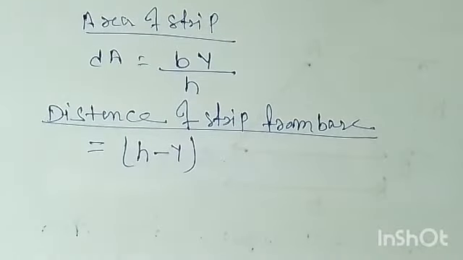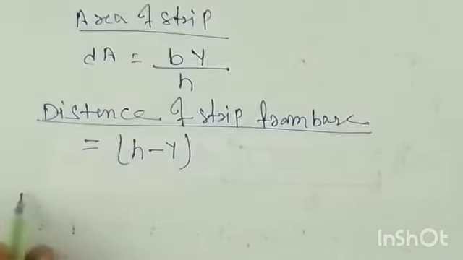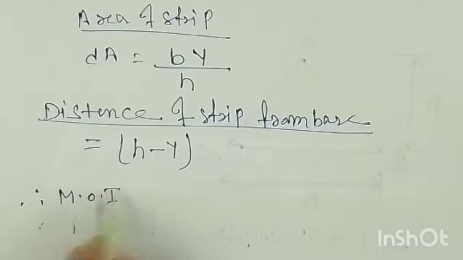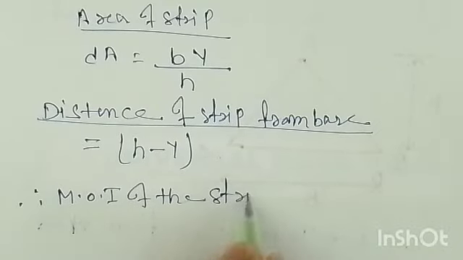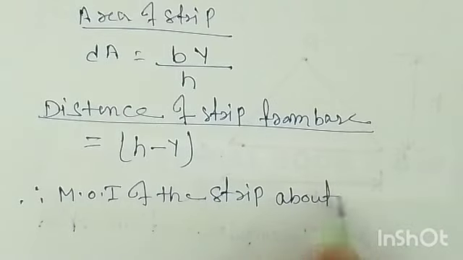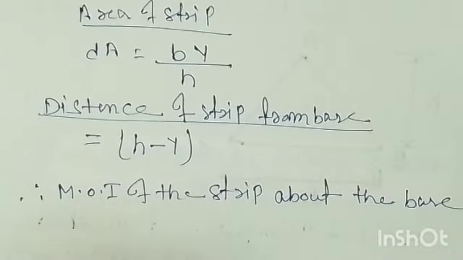Area of the strip into the distance of the strip from the base squared, right? So you can say next, therefore, the moment of inertia, that is MOI, of the strip, okay, about the base is equal to what?